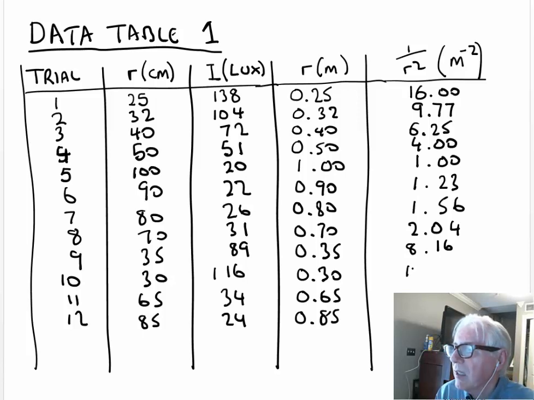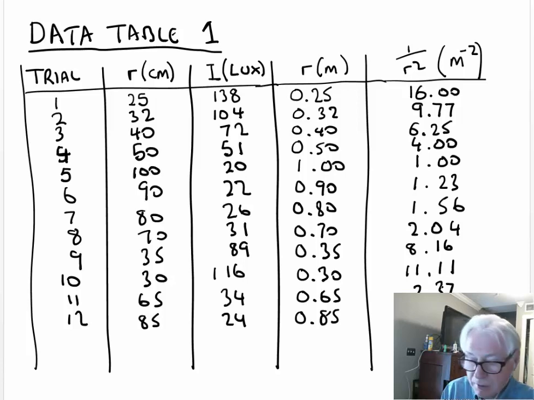That's going to be 11.11. 1 divided by 0.65 squared becomes 2.37, and 1 divided by 0.85 squared is 1.38. So then I come to my graph and we'll do our final bits.